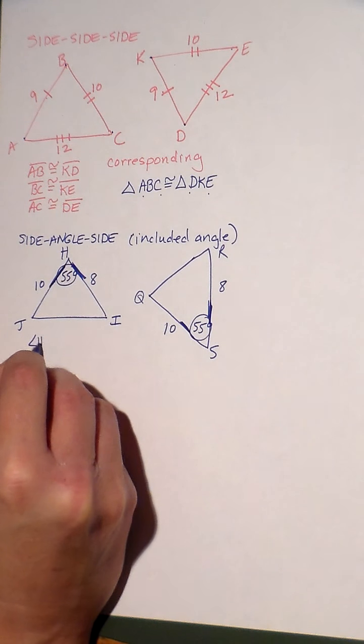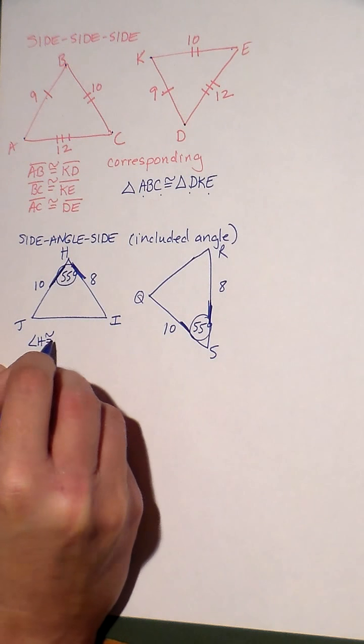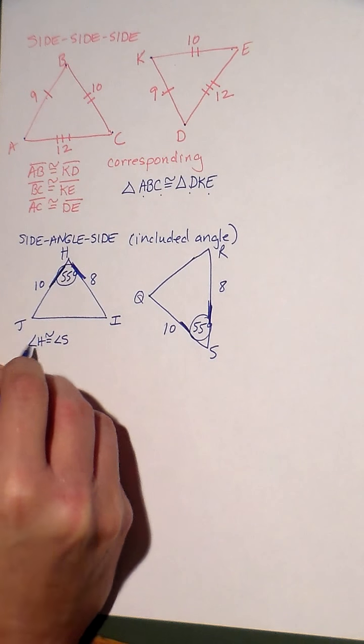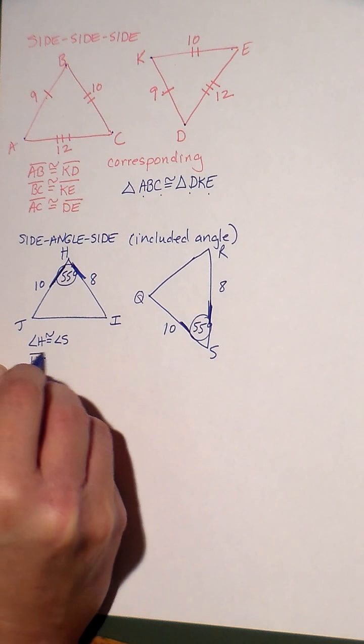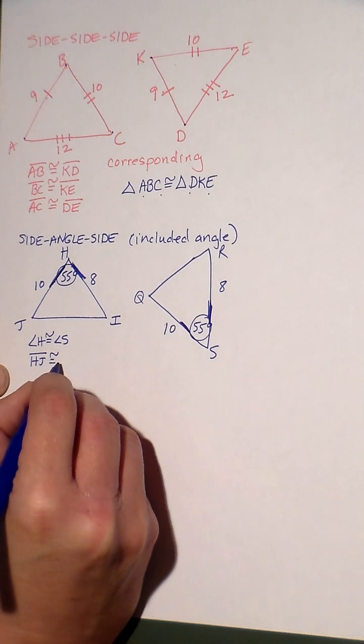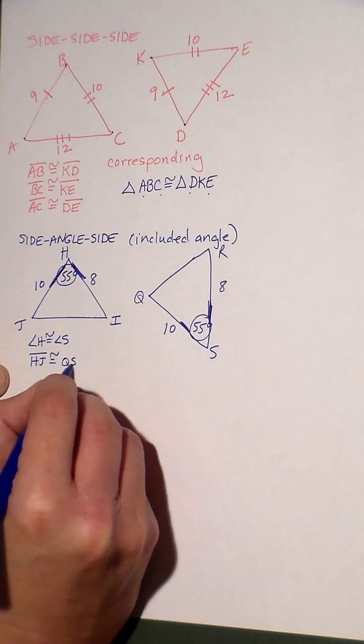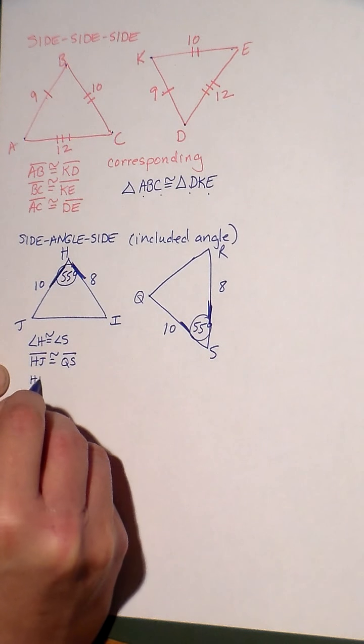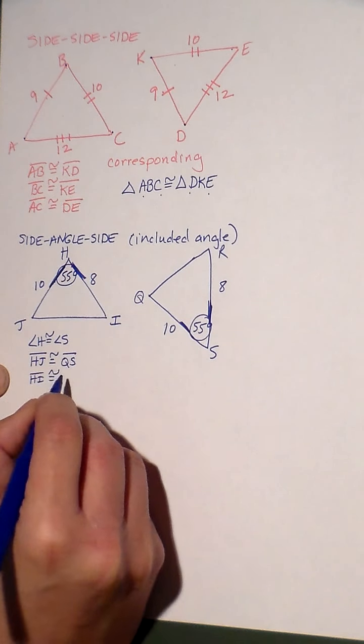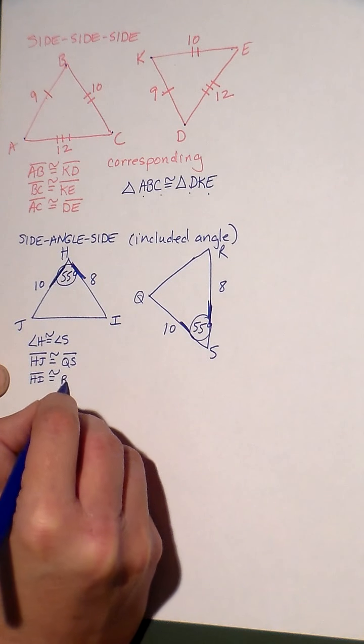So angle H is congruent to angle S, and side HJ is congruent to side QS, and side HI is congruent to side RS.